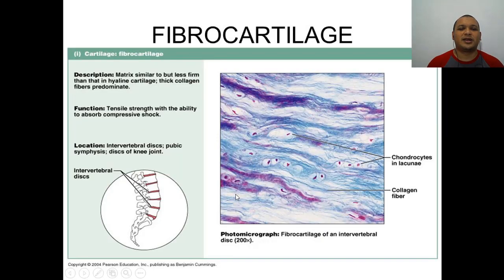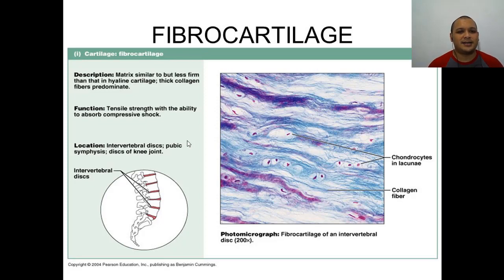Next, we have fibrous cartilage. It's slightly different because mostly we can find it internally. In terms of structure, again, the basic structure of cartilage is almost similar. What makes it different is the thickness of the collagen, and in this case thick collagen fibers are predominant.